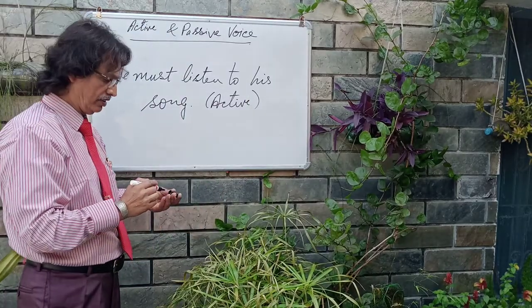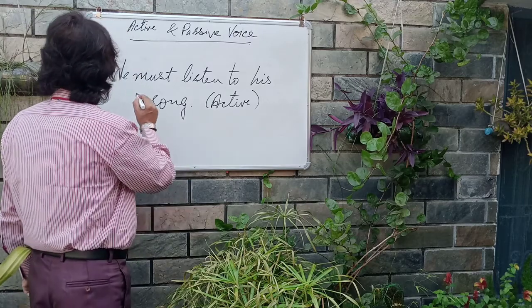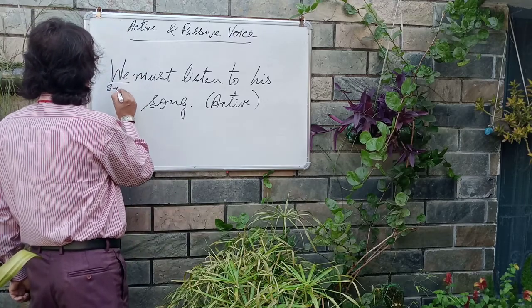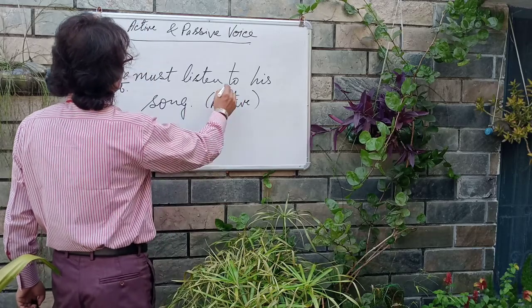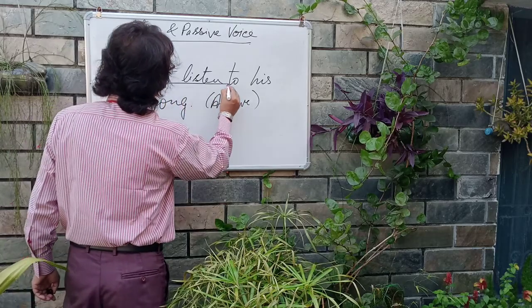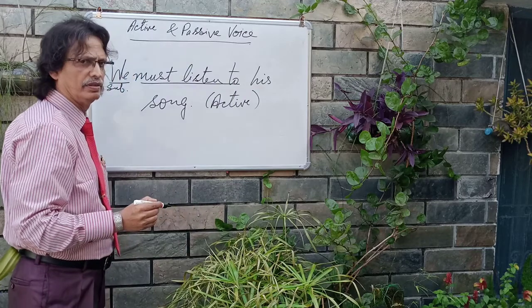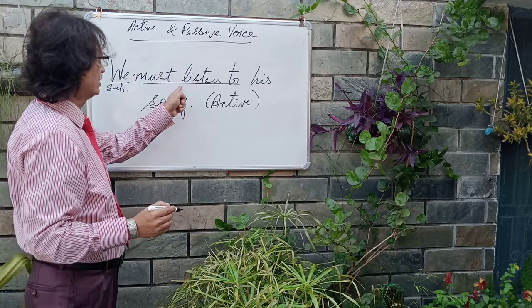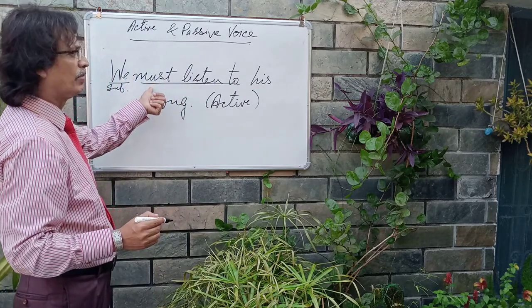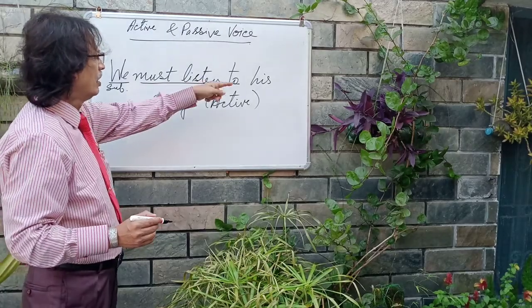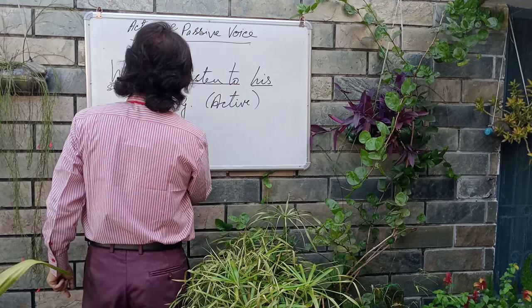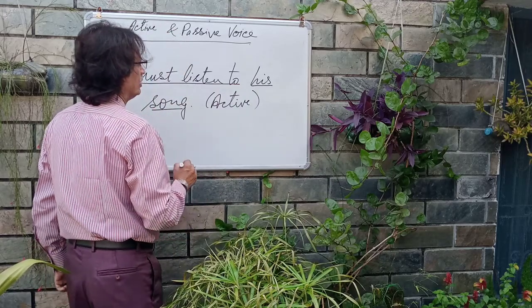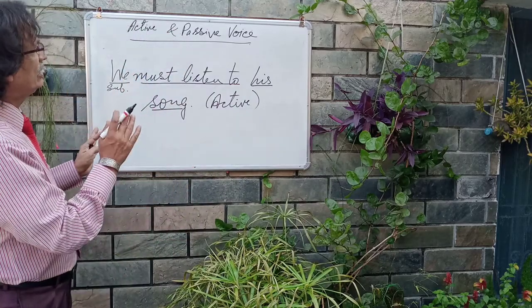We must listen to his song. Now, we is the subject over here. Must listen to is the complete verb clause. With the verb listen to, there is another thing, must is also there. Now, his does not come alone, his song is the object. So, we have to change it to passive.